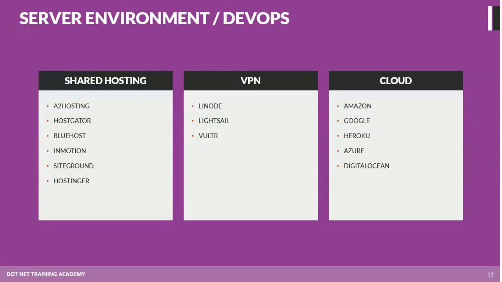The next one is cloud. Cloud has three varieties: platform as a service, infrastructure as a service, and software as a service. Amazon and DigitalOcean provide infrastructure as a service, where they give the operating system and RAM, SSD, and Azure is very similar.